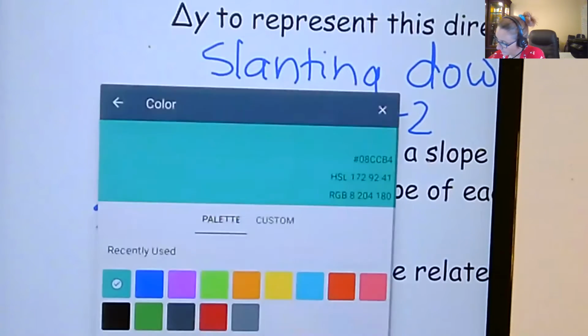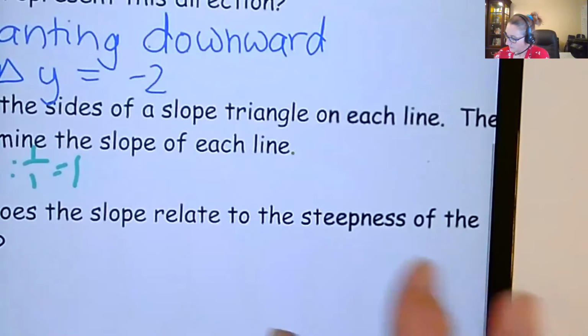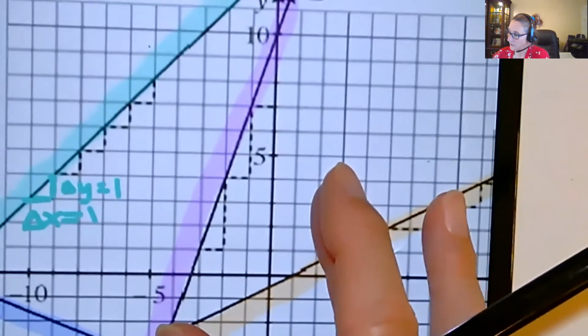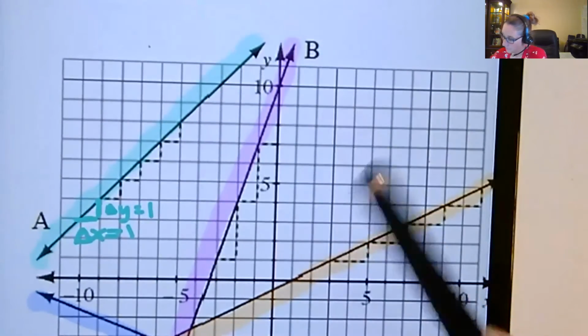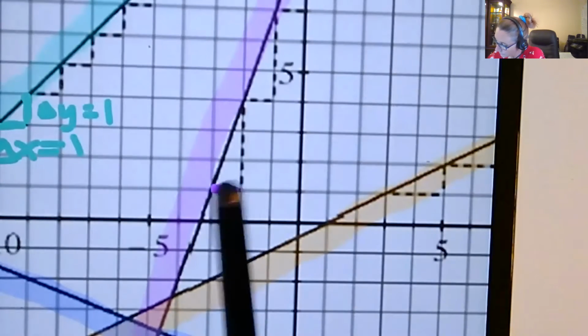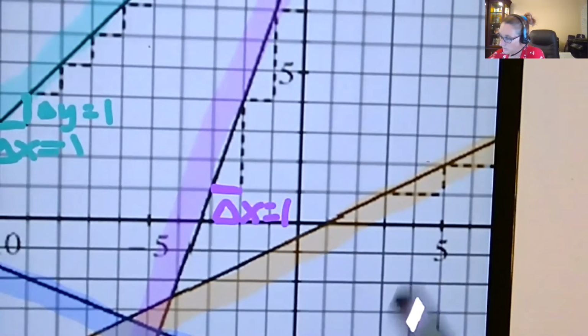Now let's look at B. So if I'm looking at line B, that's this one here. So this is my change of x, and that is 1.